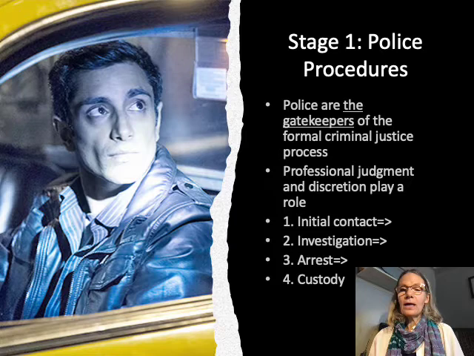Initial contact is when cops make initial contact with an individual, and they begin asking themselves, based on that initial contact, whether or not they should take a next step to investigate what's going on. Initial contact can take place in a lot of ways.